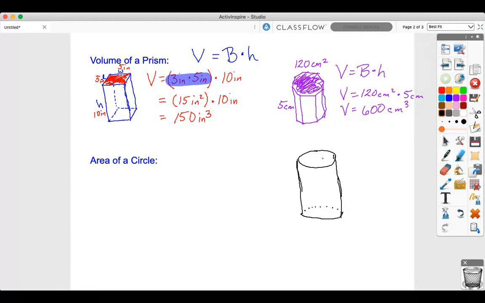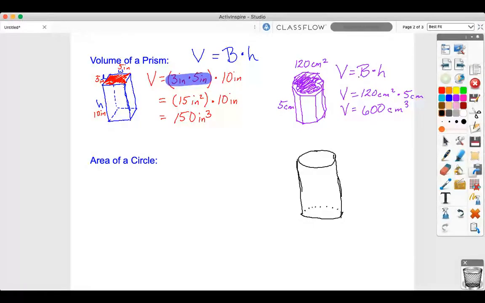Okay, so again, this is now a circle as the base, and we have a height. And well, now that kind of begs the question, do we remember how to get the area of a circle? That's something we're going to discuss, because we got to know how to get the area of a circle if we're going to get the volume of a cylinder.